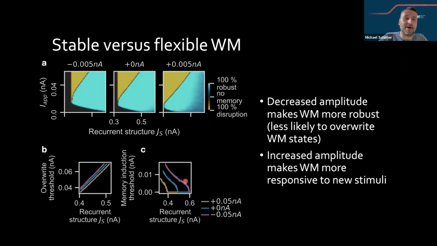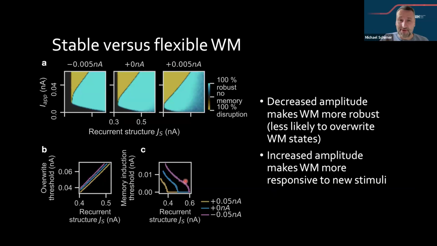And we can also make some points about working memory. A decreased amplitude makes working memory more flexible. We can quickly react to the red traffic light, which is, sorry, the opposite is the case.